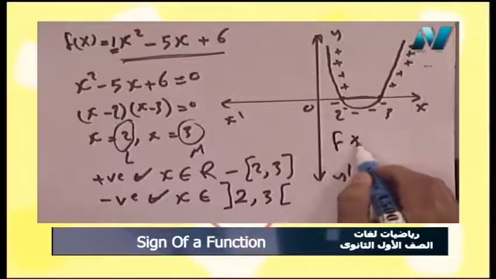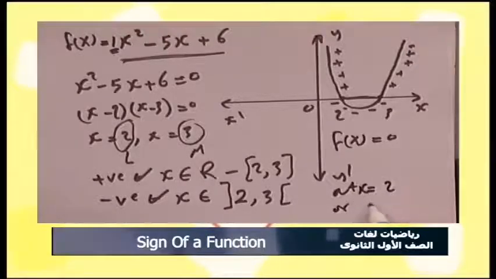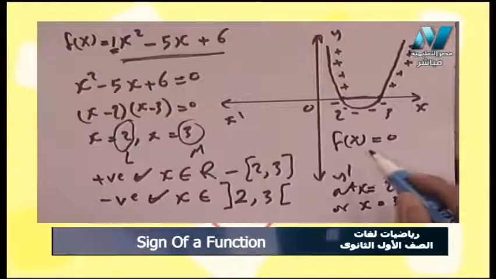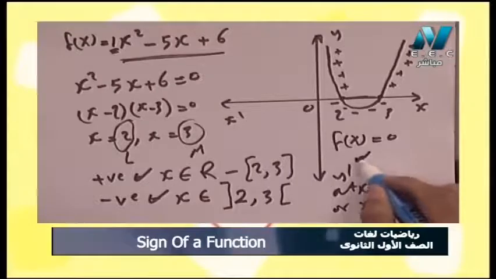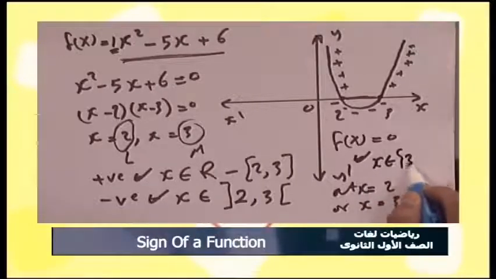So the function equals 0 when x equals 2 or x equals 3. And we can say that f(x) equals 0 for all x belongs to 2 and 3.